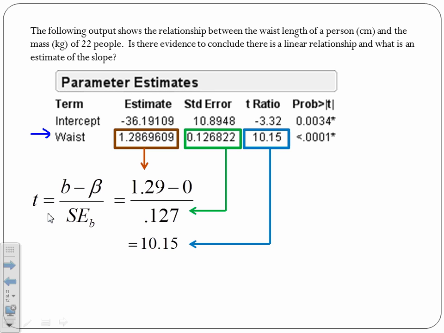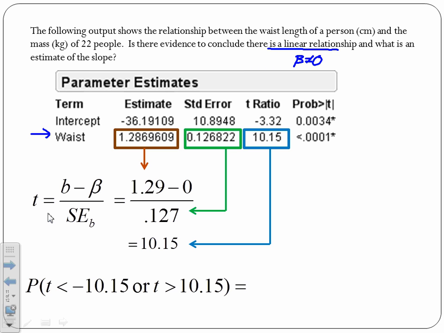Well, that value, again, it's given to you. And the probability that we get that test statistic, if we were to ask is there a linear relationship, let's just say beta does not equal 0. So that's a two-tailed test. That's why that probability statement is going above 10.15 and below 10.15.